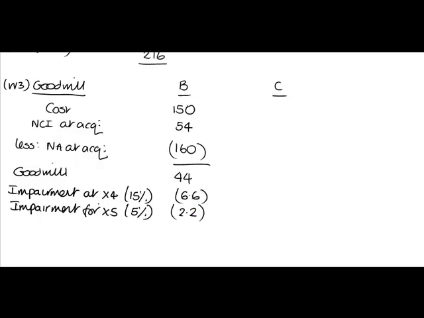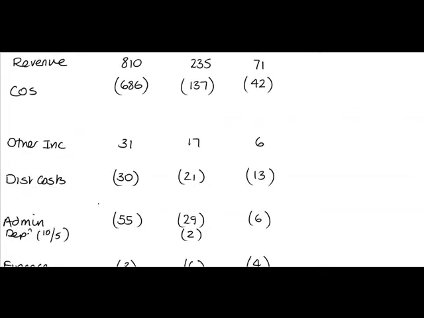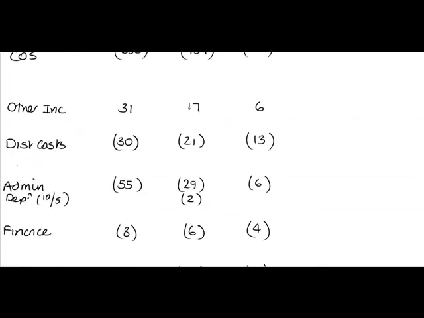Now, the reason why we separate out those goodwill figures is that if there's been a goodwill impairment during the current year, that is charged to income statement. So that figure of 2.2, I'm going to go to my income statement. Now again, I'm going to charge this to admin, and I'll say goodwill.